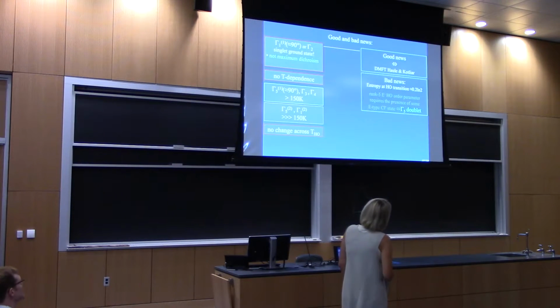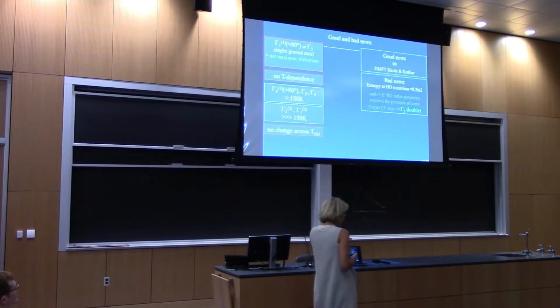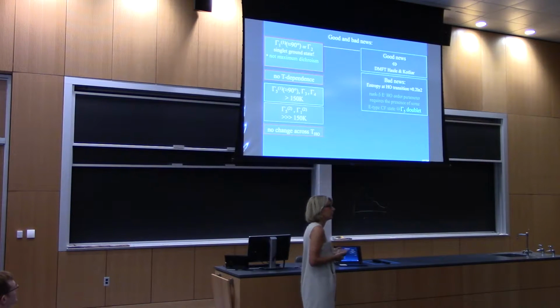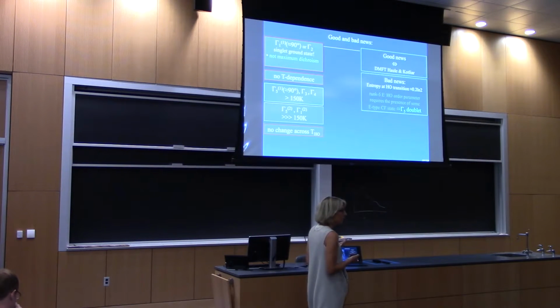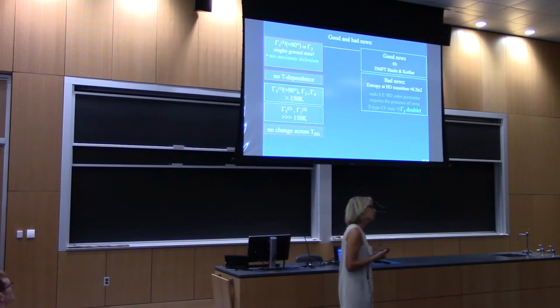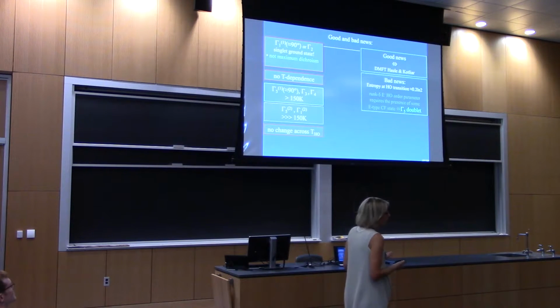However, the bad news is that apparently if you have a single ground state, there is a problem getting enough entropy. And this entropy of 0.2 ln 2 has been observed and cannot be ignored. So it would be wishful that there is some other state present, ideally the gamma 5 doublet.